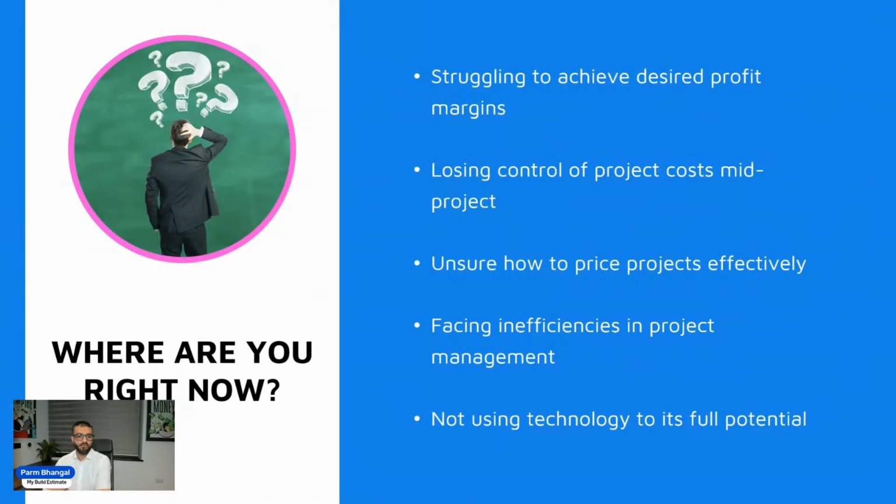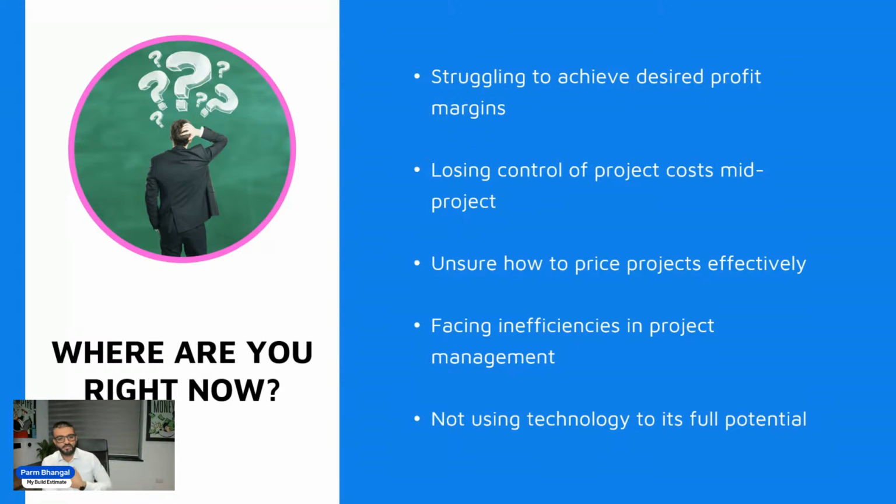Where you're at right now, you might be struggling to achieve the profit margins that you would like to make. You're losing control of project costs mid-project. We see this happen a lot. The amount of people that don't monitor their project costs, and then they have the overruns and everything doesn't go the way they want, and then get to the end of the project and all of a sudden you haven't made any money and you don't really know where you're going with it.